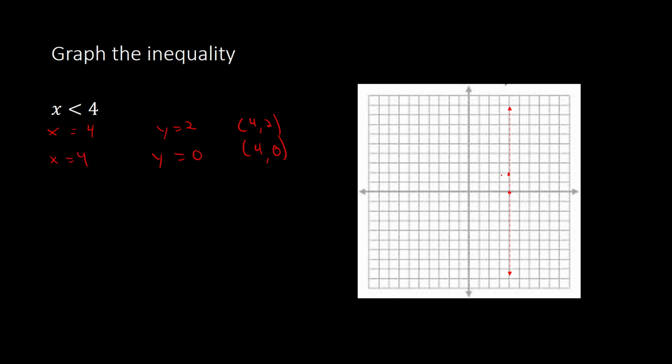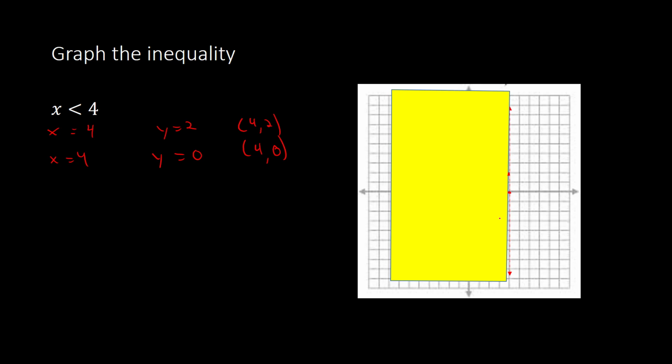So the only parts we have are to the left or to the right to shade in. Well, where is x smaller than 4? Well, if x were 3, that's smaller than 4. If x is 2, that's smaller than 4. Anything to the left of this line would be smaller than 4. So my shading would be over here on the left.